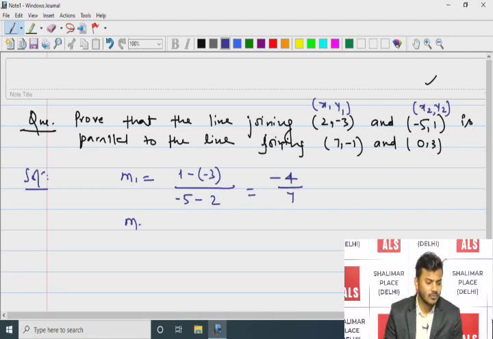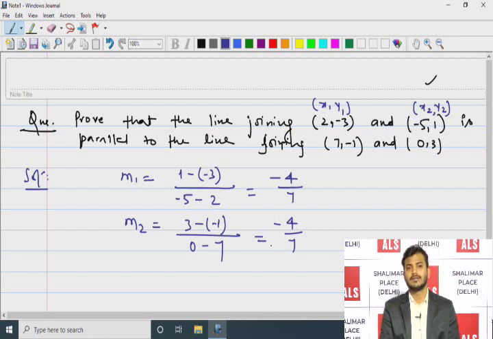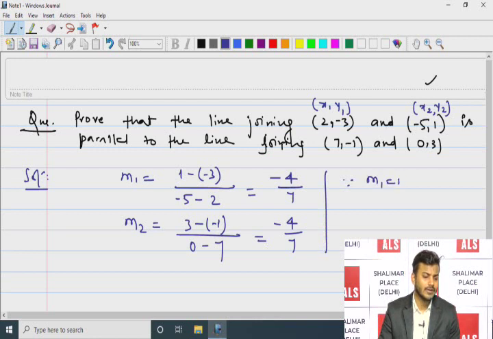Similarly, we can find out m2. m2 is going to be 3 minus of -1, divided by 0 minus 7. So we get plus 4 divided by minus 7, again minus 4 by 7, right? Since m1 equals m2, therefore lines are parallel.